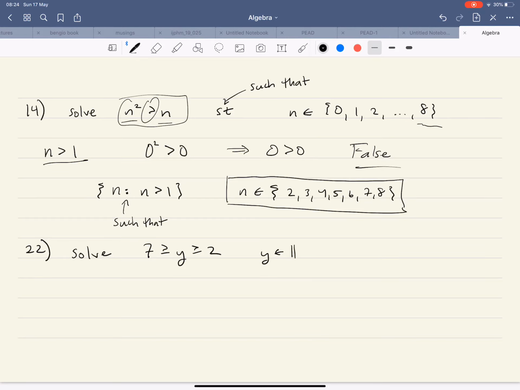Okay, so real numbers has this r, and I'm going to indicate positive with this little plus sign here. So this means positive real numbers. And it asks me to graph the solution set.